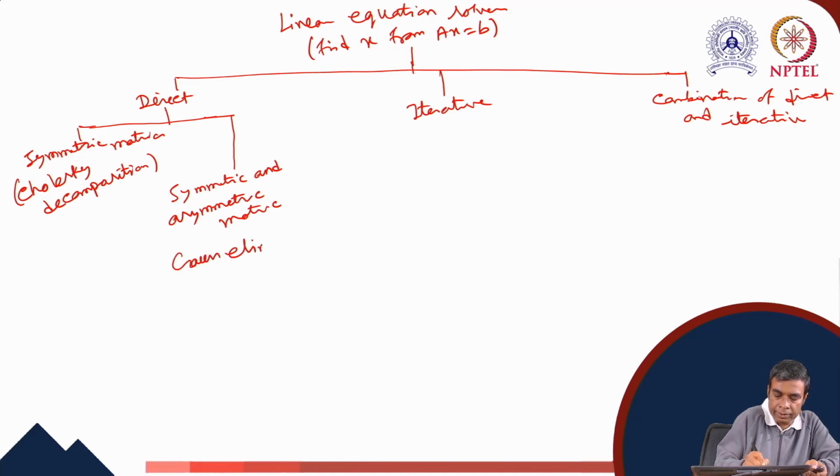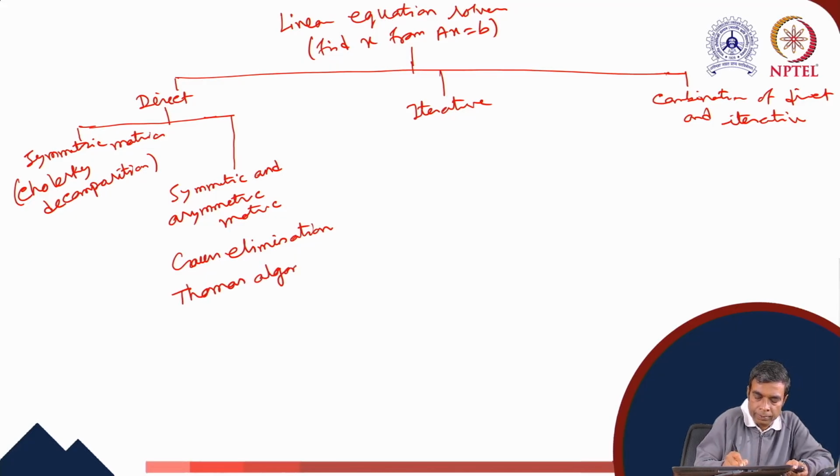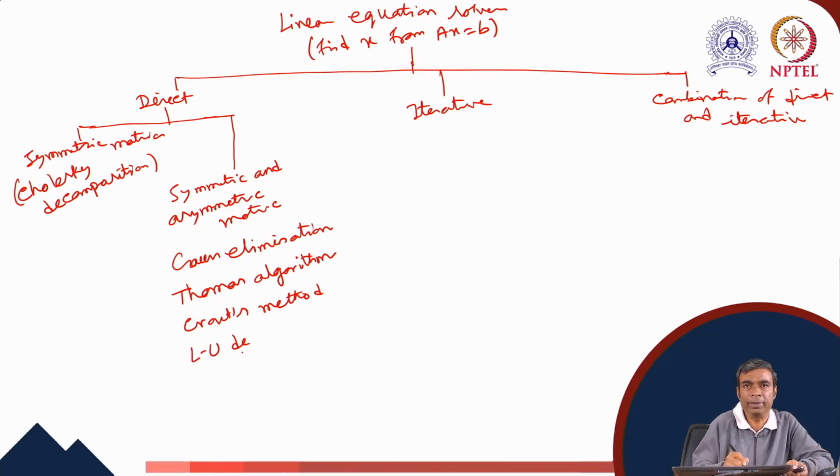Then a special class of Gauss elimination known as the Thomas algorithm, Crout's method, and LU decomposition, L for lower triangular matrix, U for upper triangular matrix.